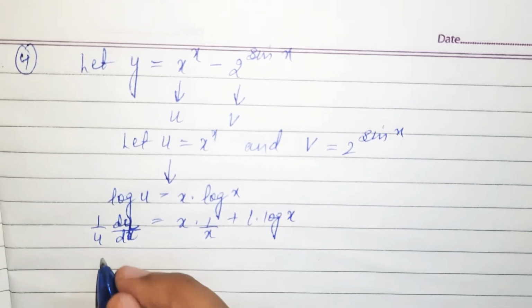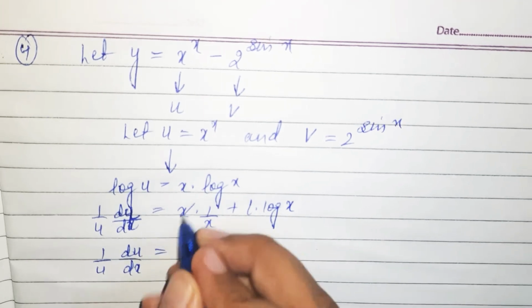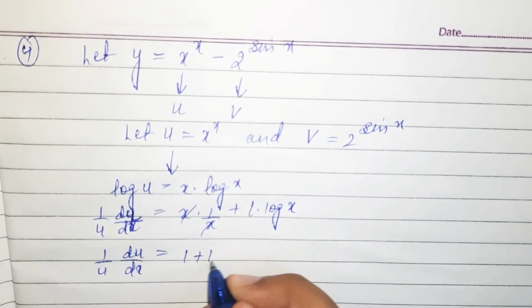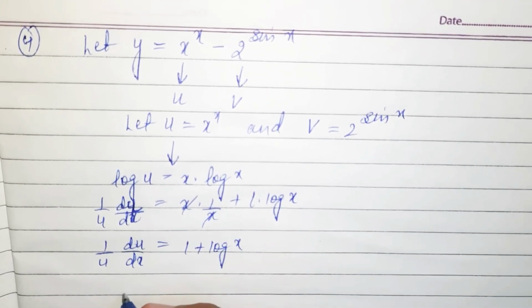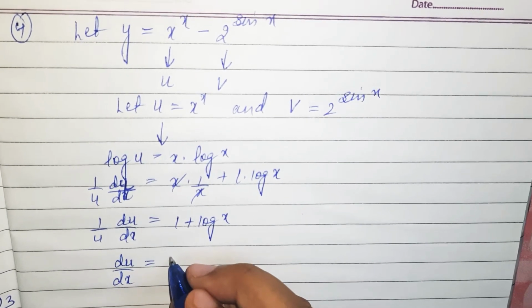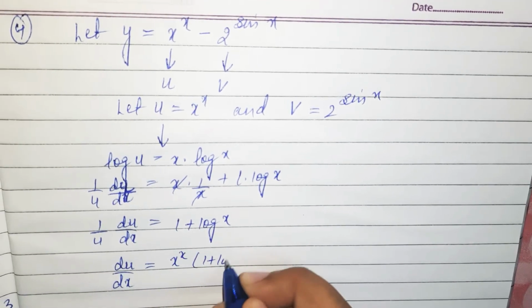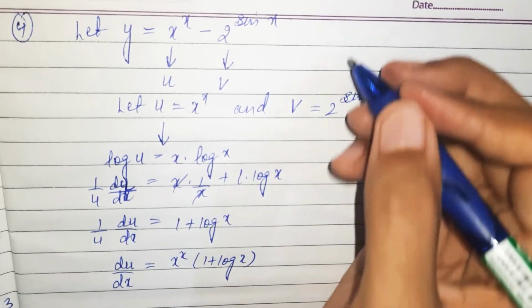So 1 upon u du by dx, this x will cancel out, so the answer is 1 plus log x. So I am getting du by dx equals u, and u is x raised to the power x, into 1 plus log x. So this is your answer.